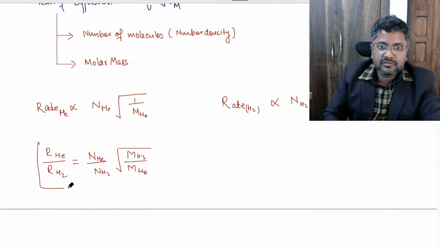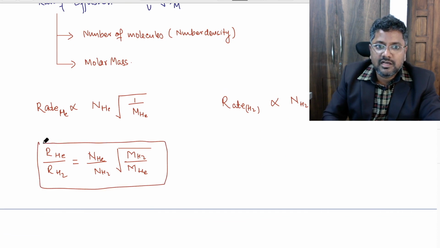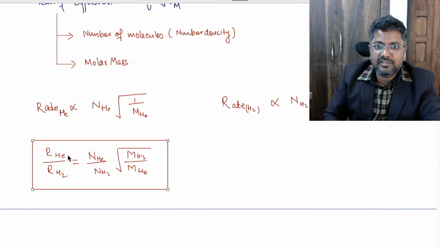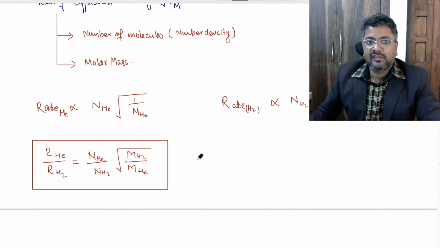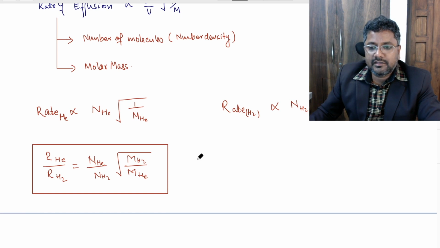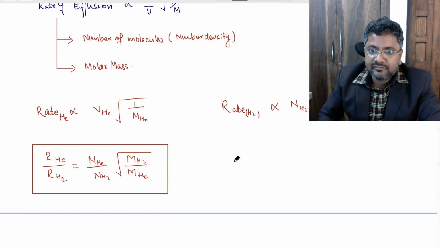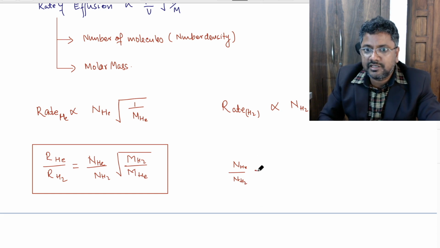So this is the general formula, and now you can transform this formula in terms of some more general term. This ratio, molecules of helium by molecules of hydrogen, is equal to the ratio of moles of helium by moles of hydrogen.